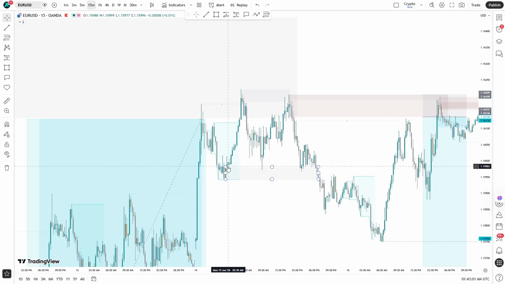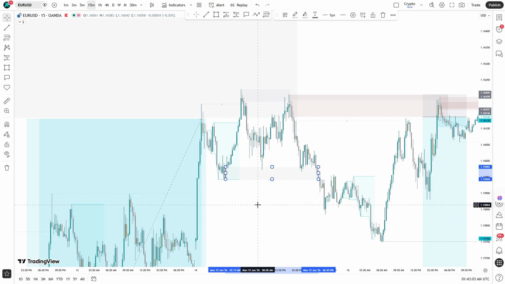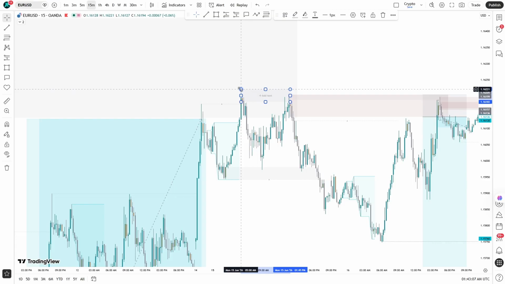After it drops, it mitigated this inside bar demand before it rallied to the upside again. It mitigated this 5 minutes supply, then came down again and took out these lows. That's where we had our change of character.